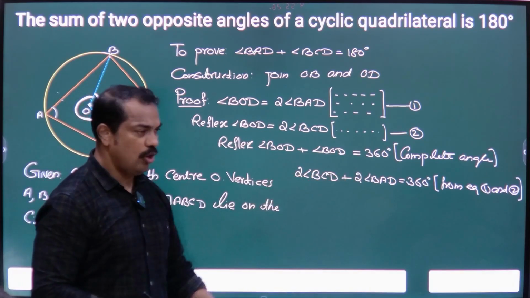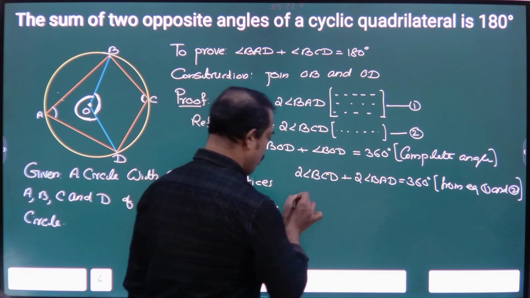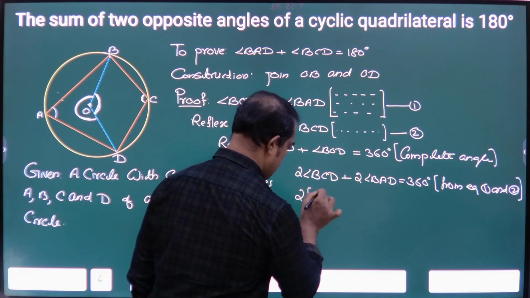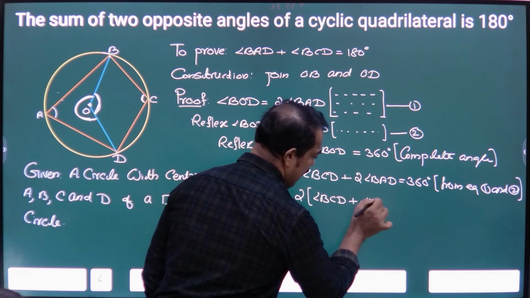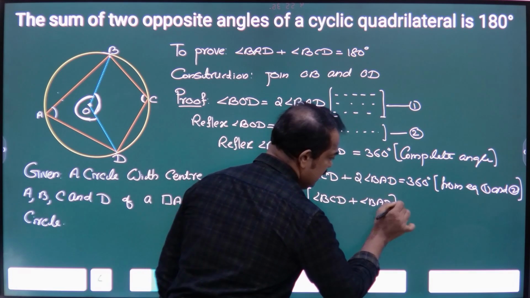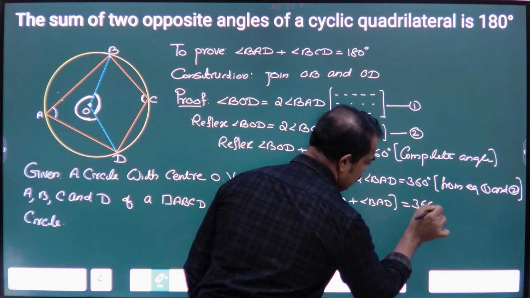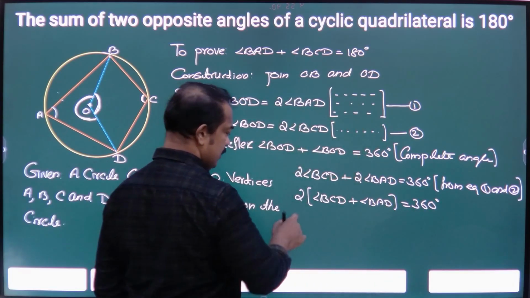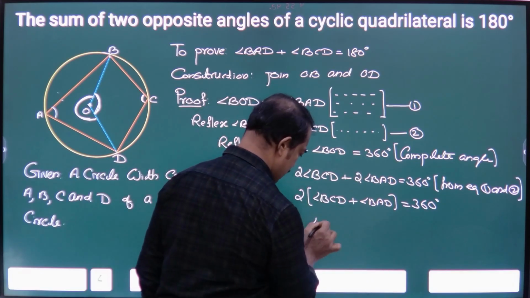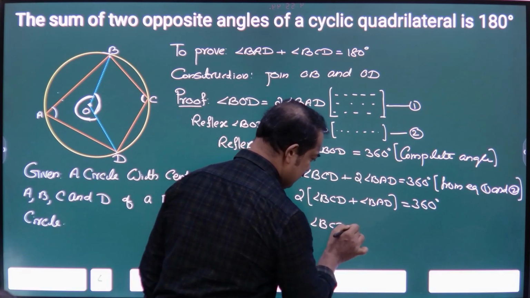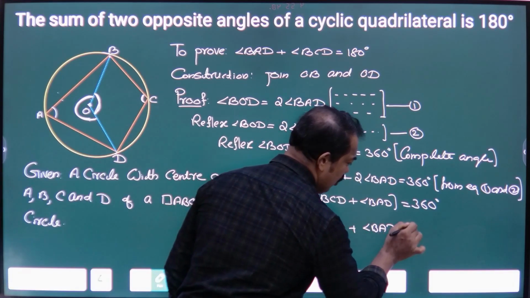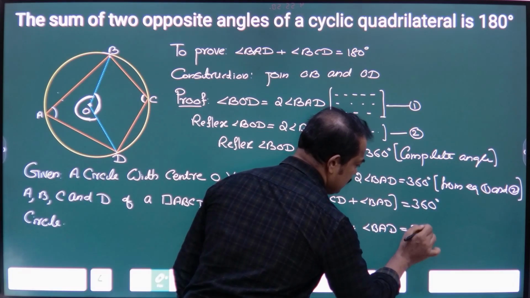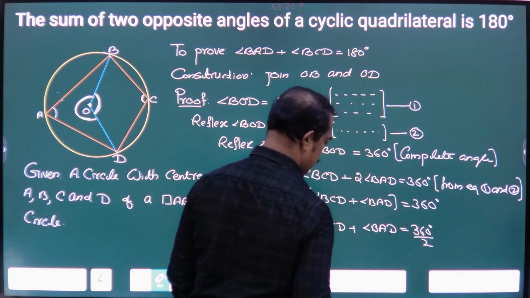From this, 2, which is common? 2. Take 2 common. Angle BCD plus angle BAD equal to 360 degree. Shift to this side. Angle BCD plus angle BAD equal to 360 divided by 2.